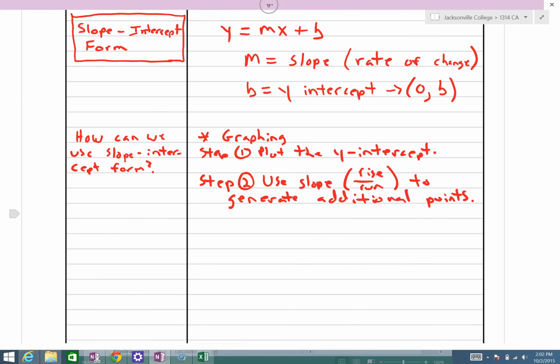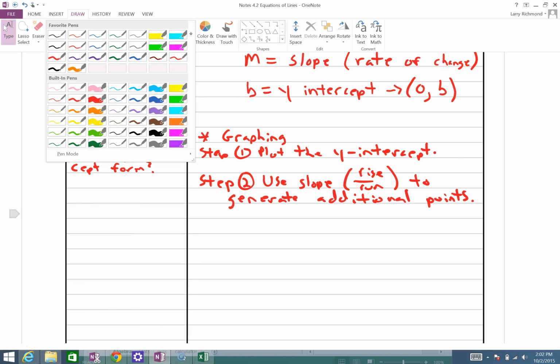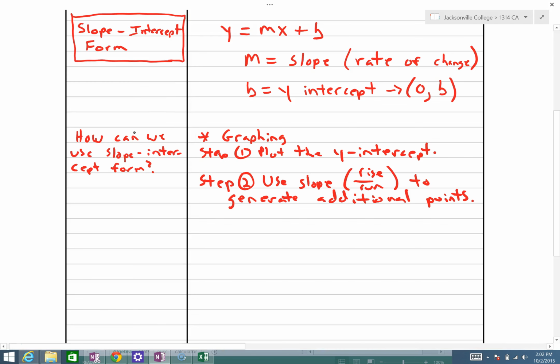All right. The next form of equation that we will look at is called point-slope form.